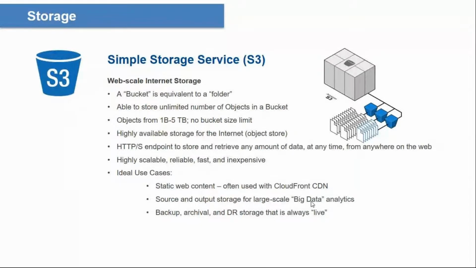It is given in the shape of a bucket. A bucket is equivalent to a folder. You are able to store an unlimited number of objects in the bucket. As you can see in this picture, objects range from 1 byte to 5 terabytes, with no bucket size limit. So it is highly available storage for the internet, with an HTTP/S endpoint to store and retrieve any amount of data.